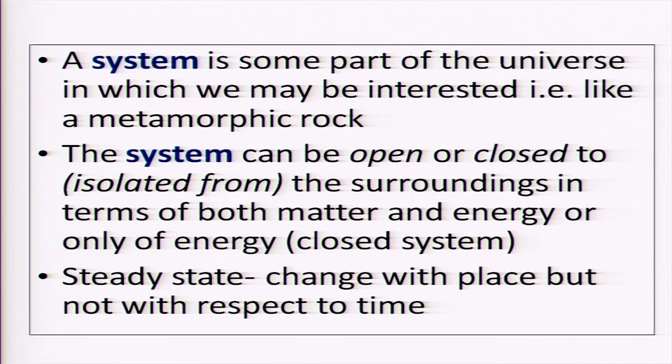Now, when a system undergoes transformations because of energy acting on it, there can be two kinds of systems. One, where the material or mass of the system interacts with the surroundings, that is, the mass gets transferred out of and into the system.